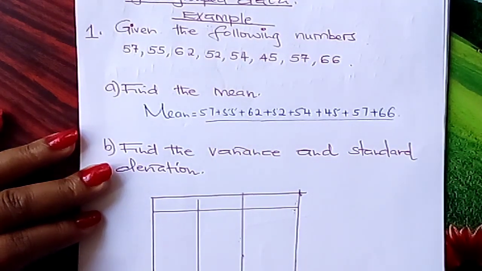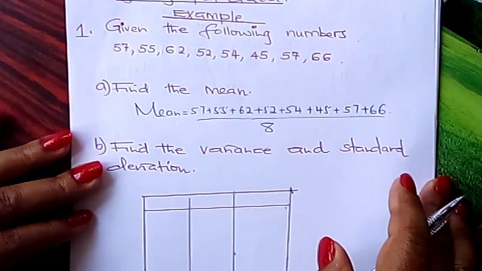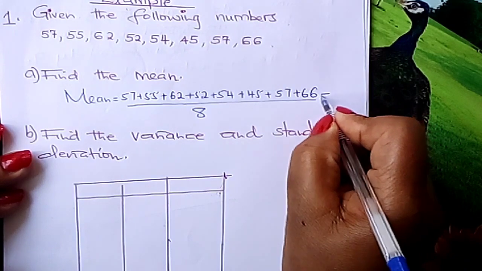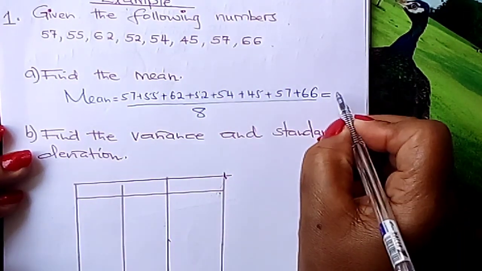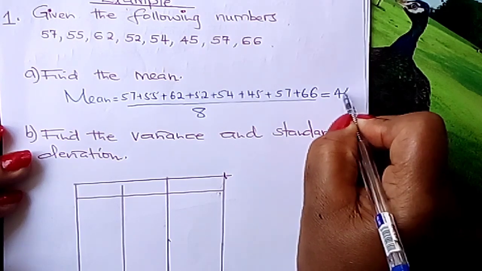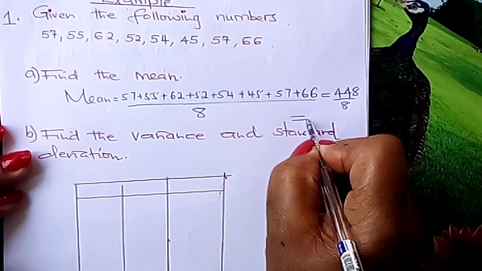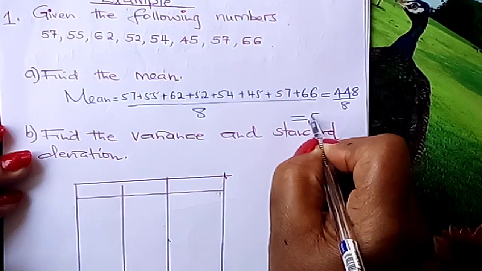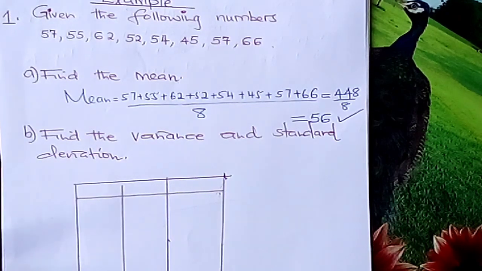Divide by 8. The numbers are 8. So that is the working, and write all that to show the working. So this gives us 448 over 8, learner, which gives us what? 56. So the mean is 56.